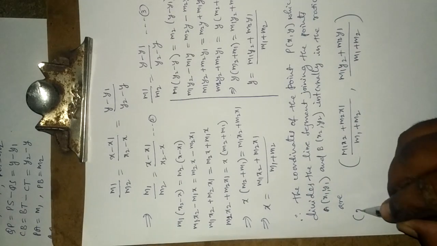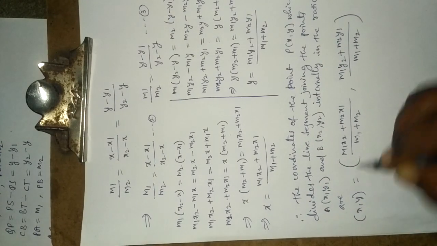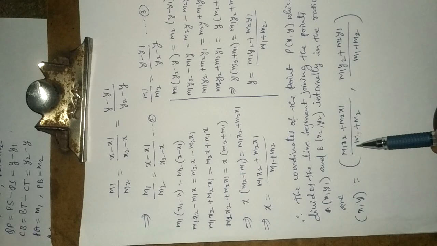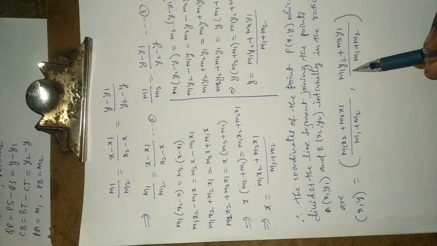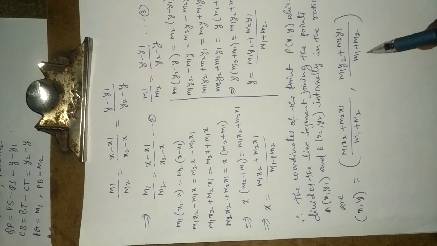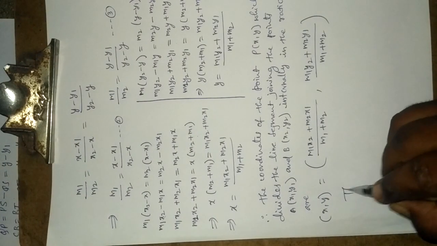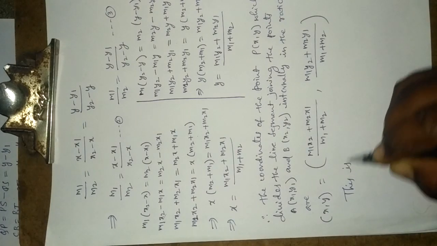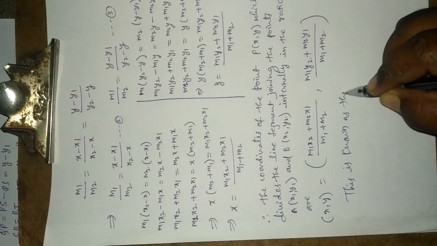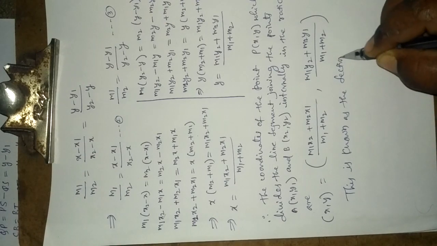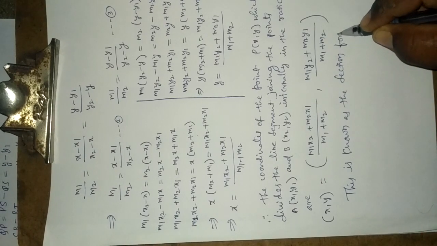So x comma y is equal to m1 x2 plus m2 x1 divided by m1 plus m2, m1 y2 plus m2 y1 divided by m1 plus m2. This is known as the section formula.